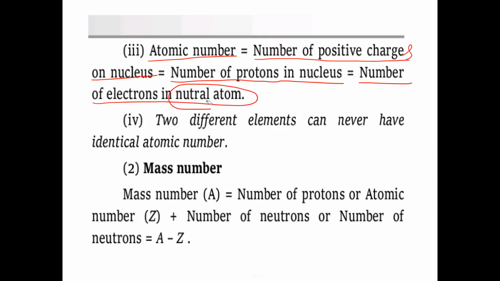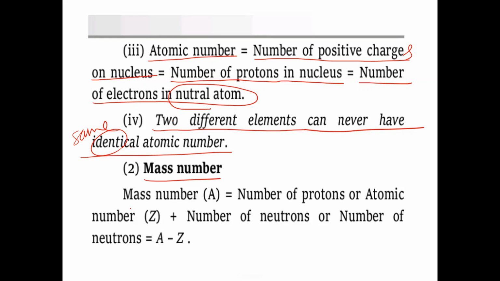In a neutral atom, the number of electrons equals the atomic number. And two different elements can never have identical, meaning the same, atomic numbers.